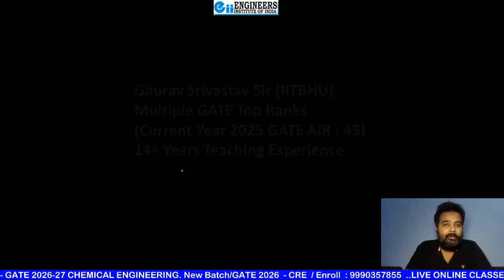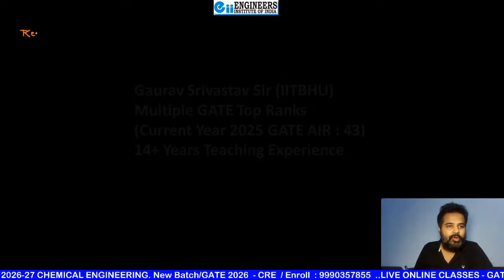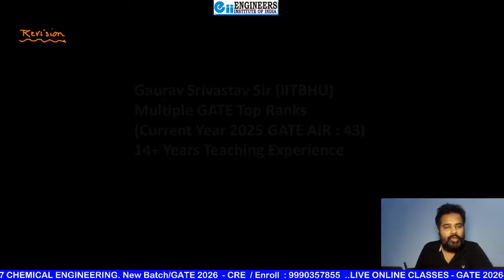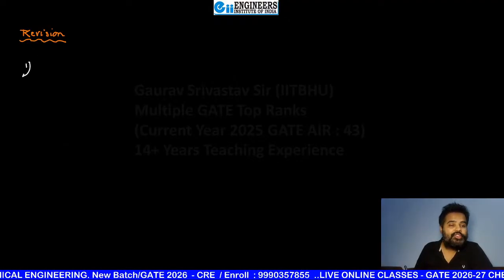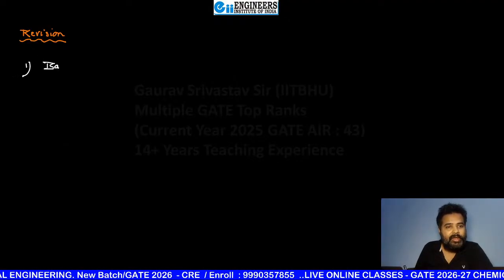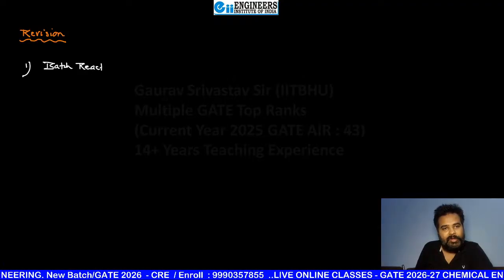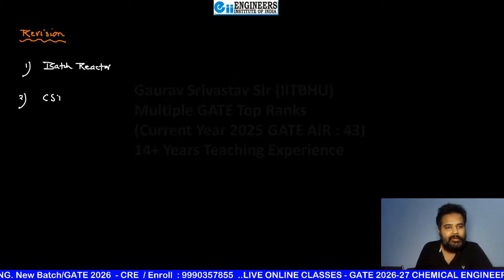Before that, I just want to revise a few things. Revision. Till now, you had seen first the batch reactor design equation. I hope in batch reactor all concepts are crystal clear. And the second one you had seen, CSTR.